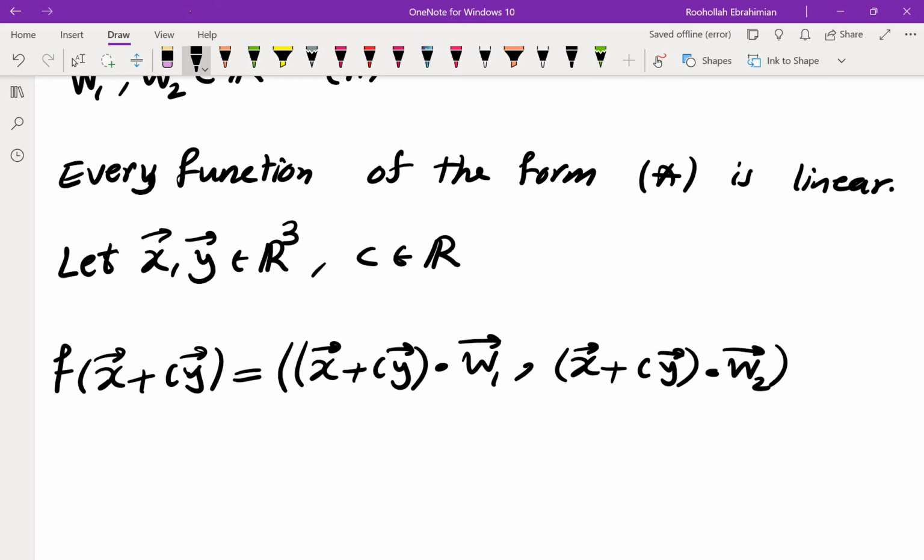Now I'm going to use linearity of the dot product because I know the dot product is a form of inner product, which is linear.